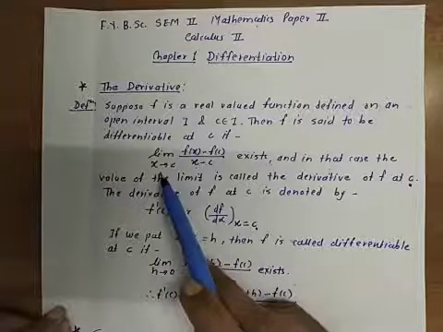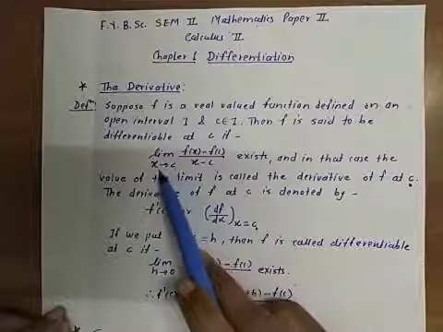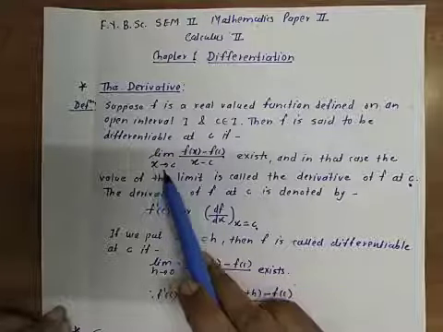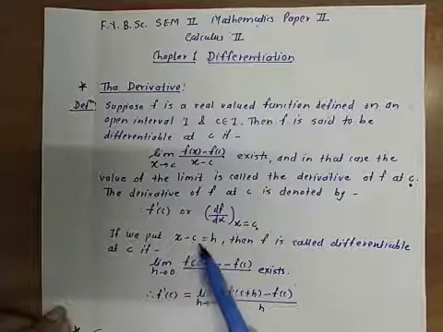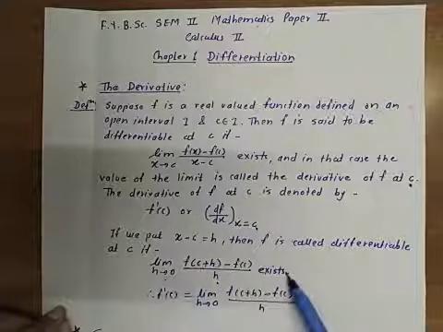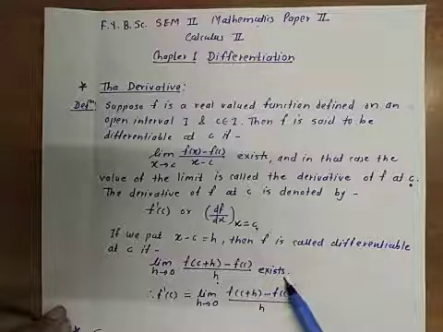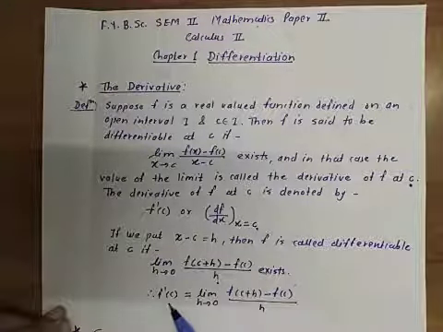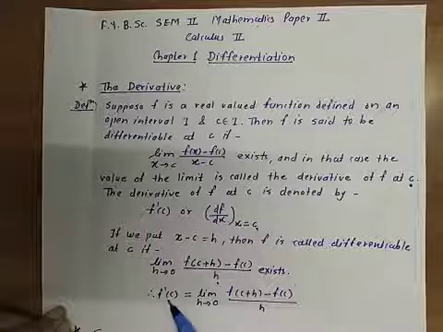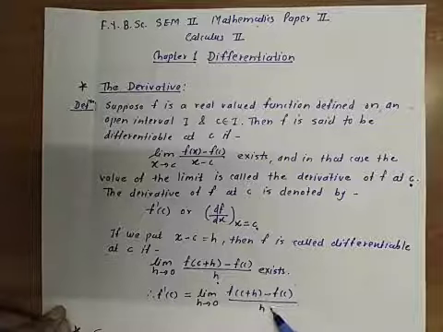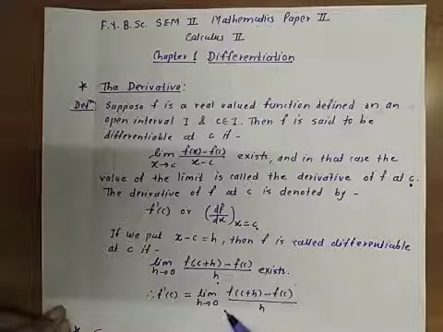And x tends to c means x minus c tends to 0, and x minus c is h, so h tends to 0. If this limit exists, then we say that the function is differentiable at point c. Therefore f dash of c is equal to the limit of f of c plus h minus f of c upon h as h tends to 0.